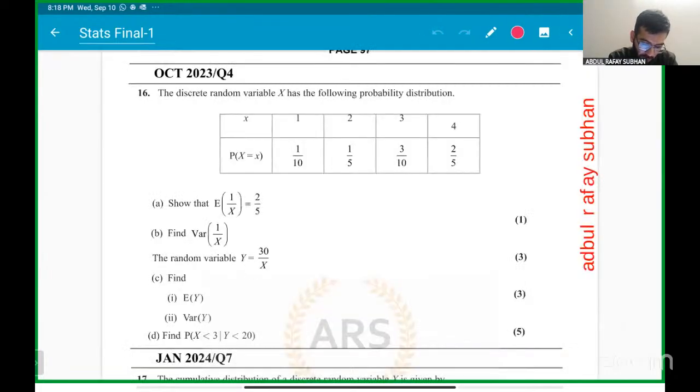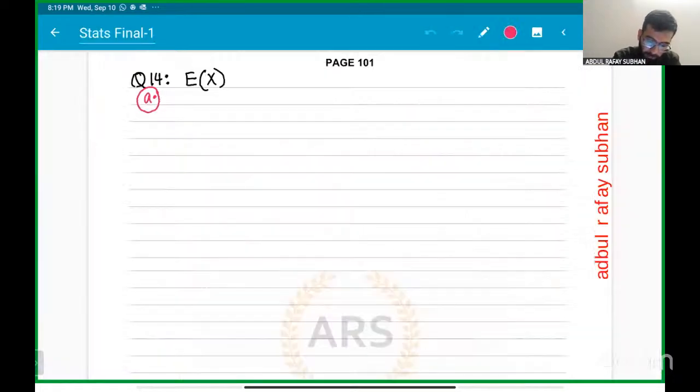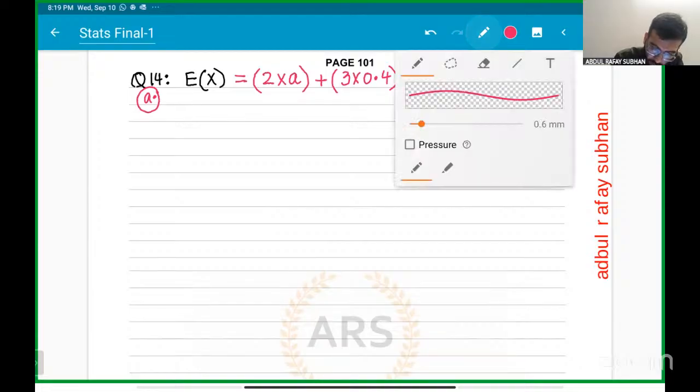The expected value of this question we will find very simply: 2 multiplied by A, plus 3 multiplied by 0.4, plus 4 multiplied by 0.6 minus A. That will be the answer in terms of A for the expected value. Is everyone following? The expected value is always 2 times A plus 3 times 0.4 plus 4 times 0.6 minus A.